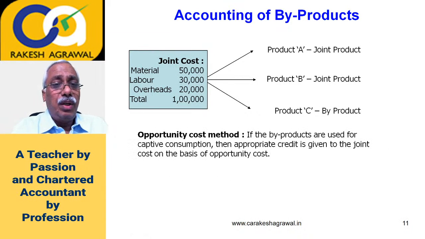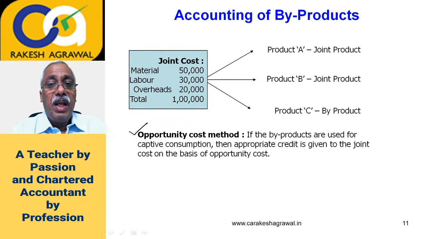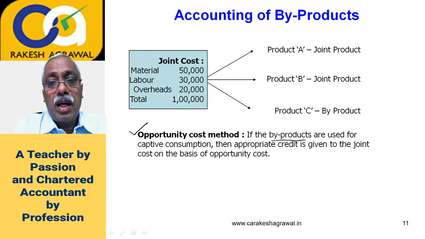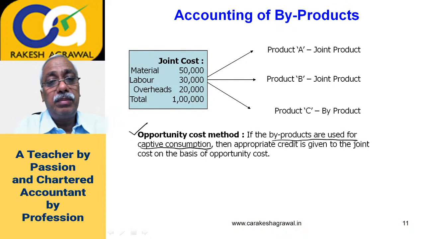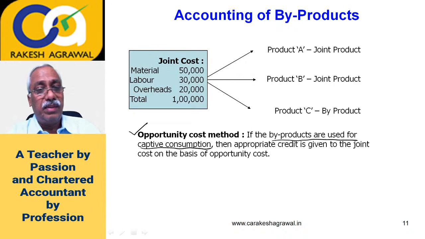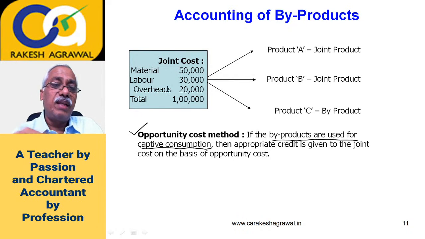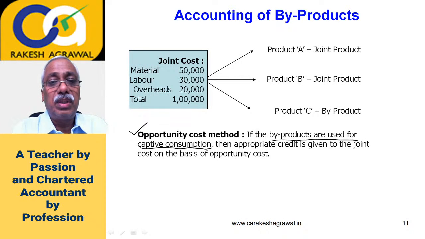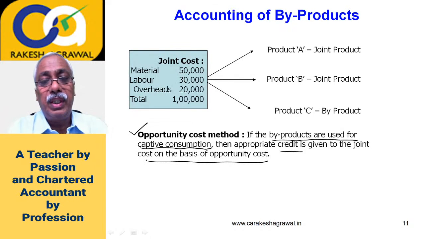Next, opportunity cost method. Check this opportunity cost method. If the byproducts are used for captive consumption, meaning consumption by yourself, then appropriate credit is to be given to joint cost on the basis of opportunity cost.